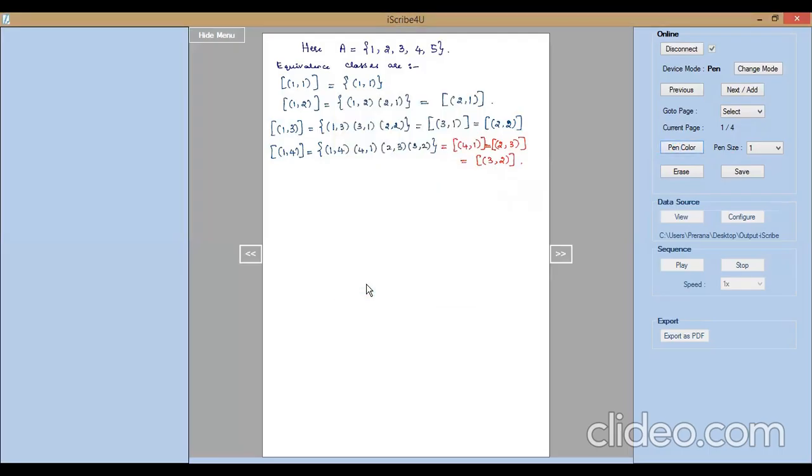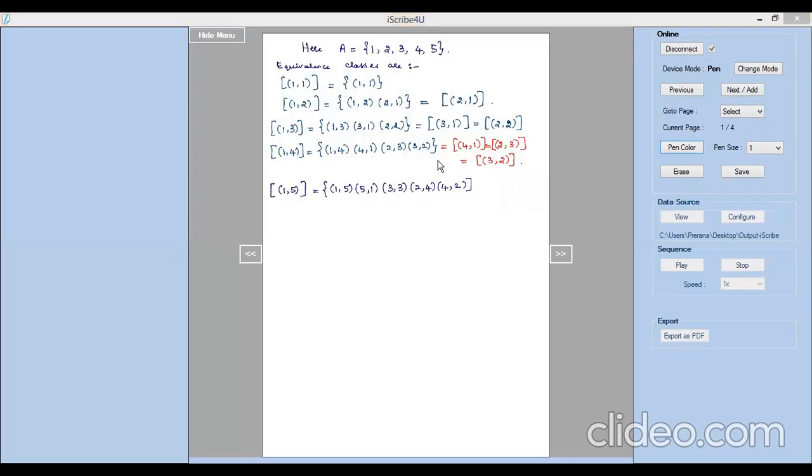Next I will take 1, 5. Sum should be equal to 6. So this is 1, 5, 5, 1, 3, 3, then 2, 4 and 4, 2.